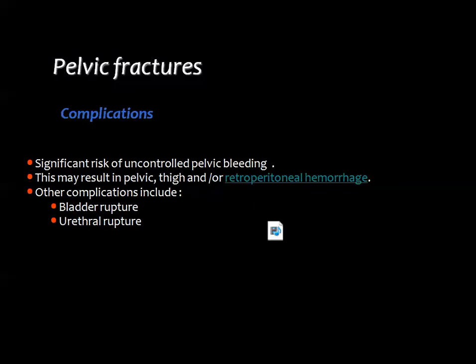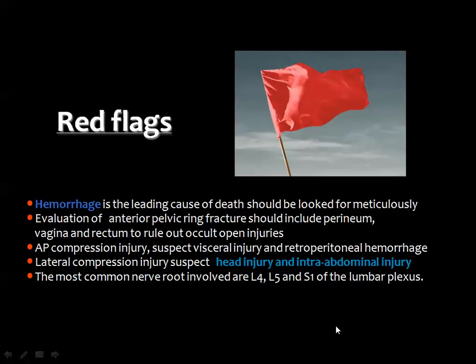Then we understand now the risk of bleeding in the pelvic fractures, and it is emphasized in many ways that whenever the patient has sustained a pelvic fracture, you should be careful about the issue of bleeding.